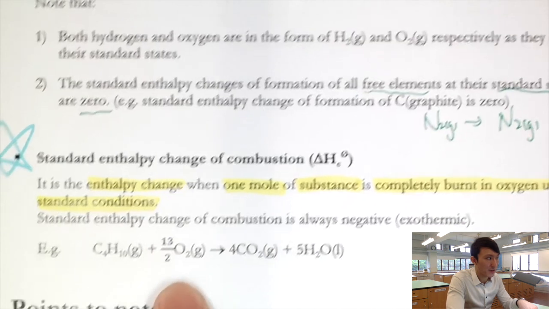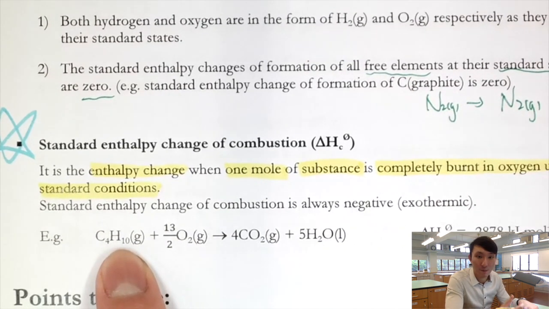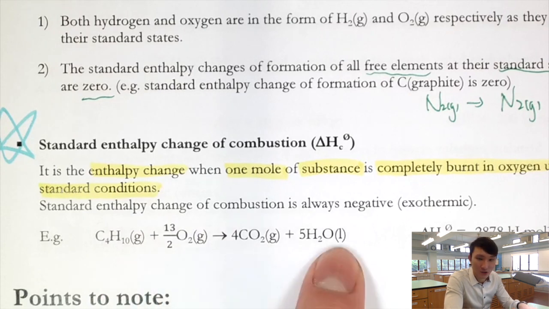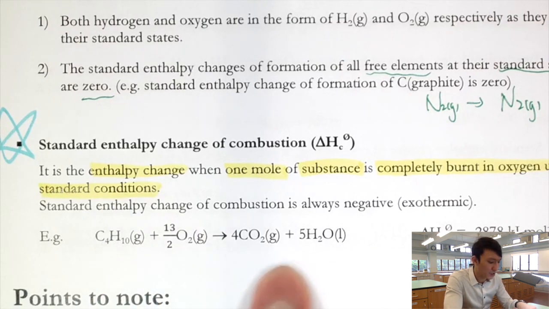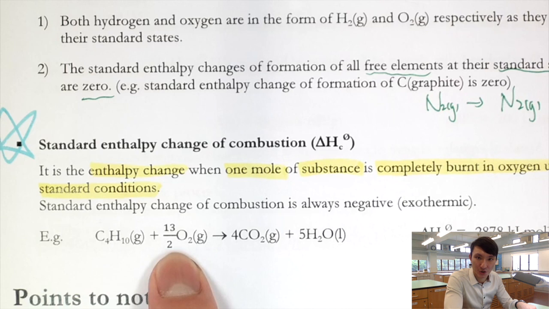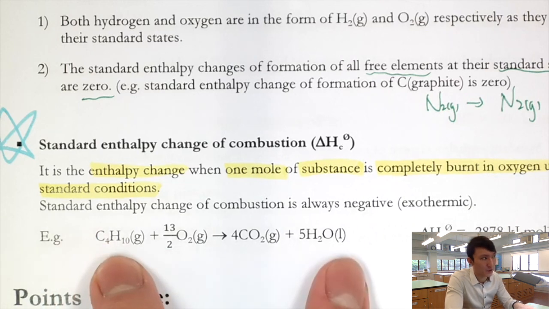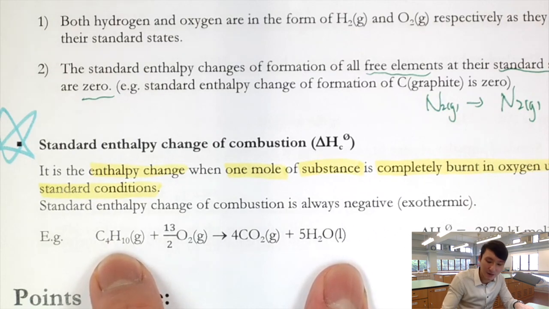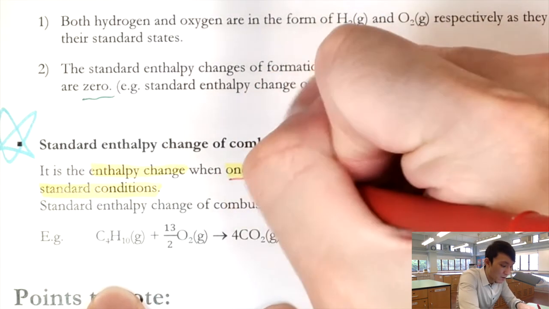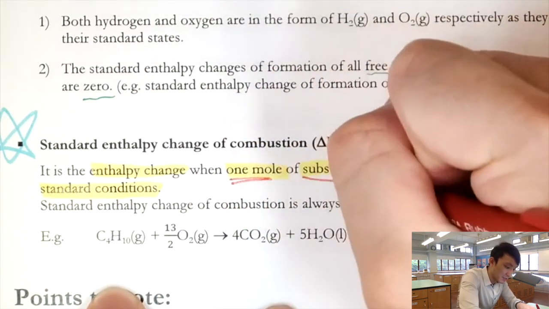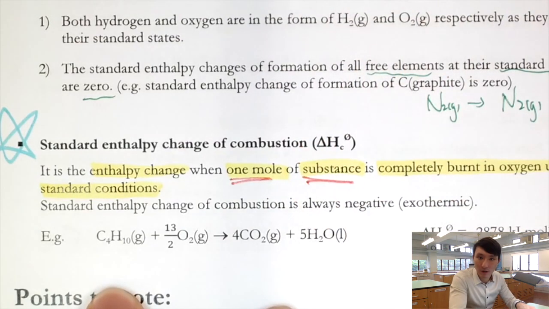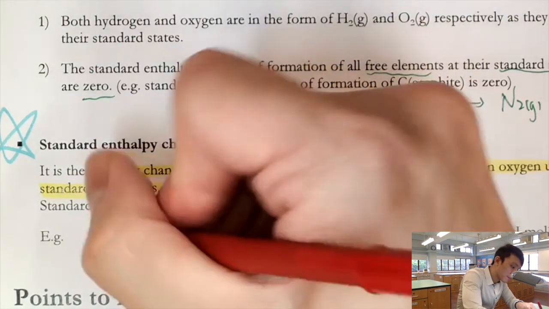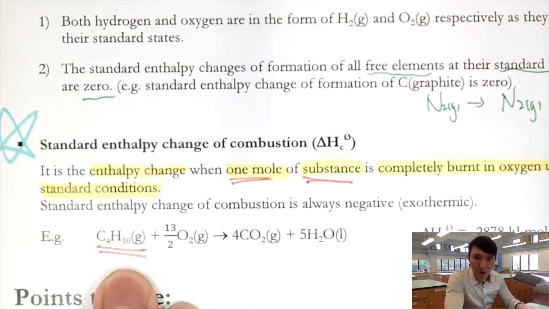For example here, if we want to burn butane, it reacts with oxygen to form carbon dioxide and water. Now you may notice, hey, sir, why is it 13/2? Can we just multiply the whole equation by 2? Of course not, because this time you have to pay attention: 1 mole of substance, and that 1 mole of substance, in this case, is the butane.